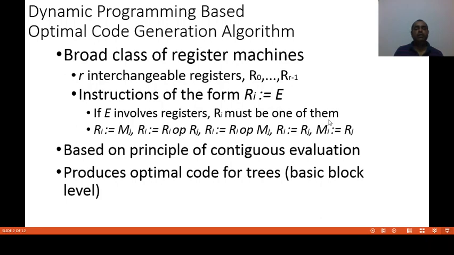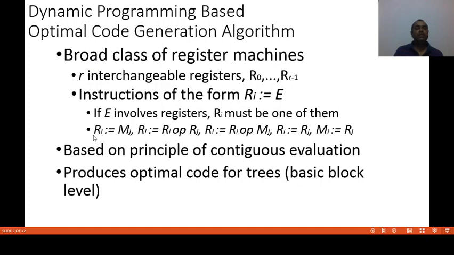For example, R0 = R0 + R1. So in this case R0 + R1 represents the E, and the result of that expression is assigned to R0.